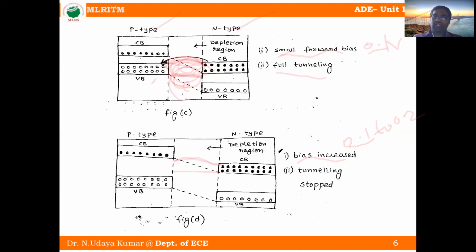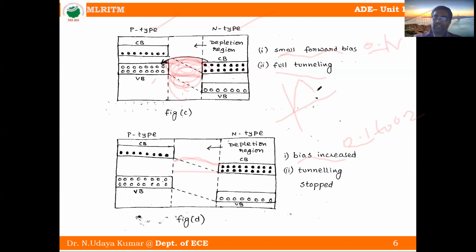So current increases to the peak, and then in this situation the conduction band and valence band are at different levels, meaning there is no current conduction. So current decreases up to some level. Again we increase the forward bias.